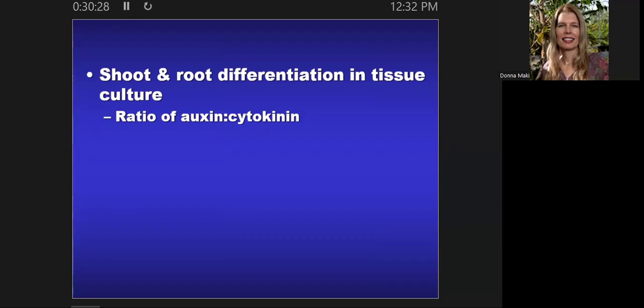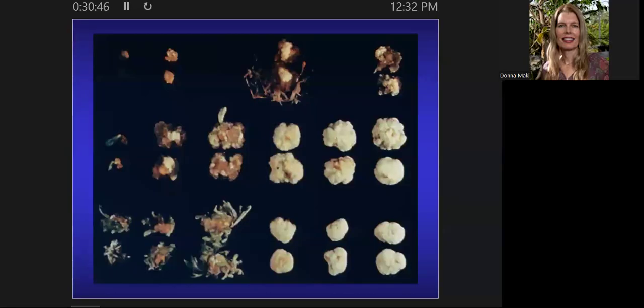But anyways, the ratio of auxin to cytokinin is pretty important when you do tissue culture. It really does depend on the plant species you're working with, what that ratio is. But basically, you do have to provide auxin and cytokinin in order for those plants to develop appropriately. So this visual is just showing different groupings of different ratios of auxin to cytokinin, and you can see differences in their stimulatory properties. Here you don't see much of anything going on in the top left.